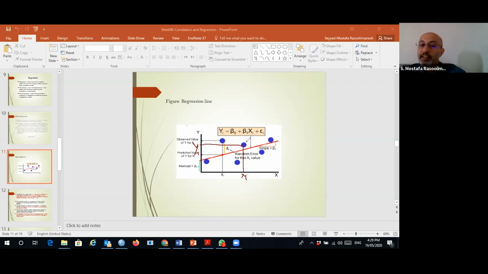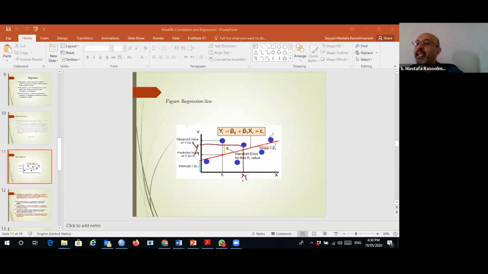Let's assume this is case number 10. This is the value of support for tourism development, and this is the value of community attachment. Community attachment is our X, so this is the X axis. For each case, we have one value for the IV and one for the DV.